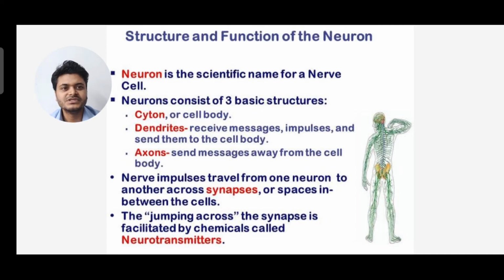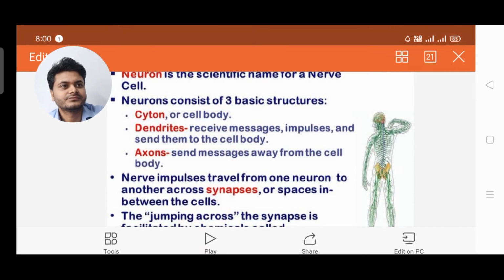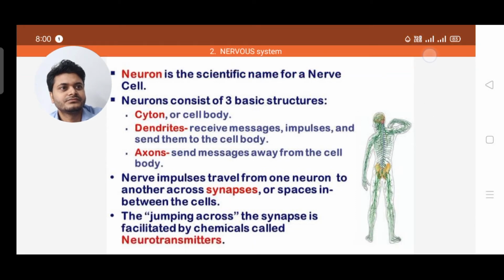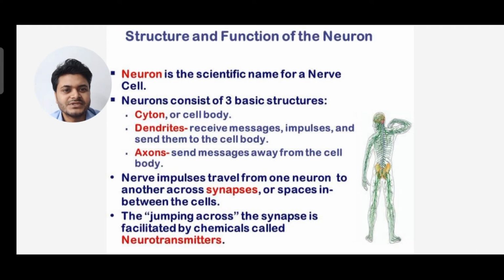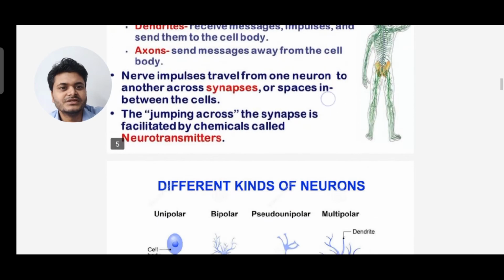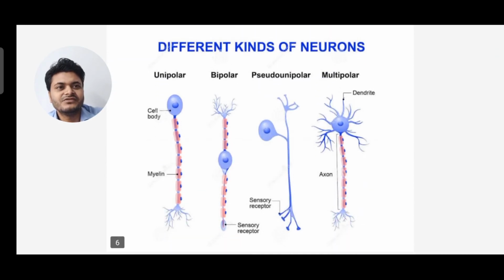Nerve impulses travel from one neuron to another across synapses, or spaces in between the cells. The jumping across the synapse is facilitated by chemicals called neurotransmitters.